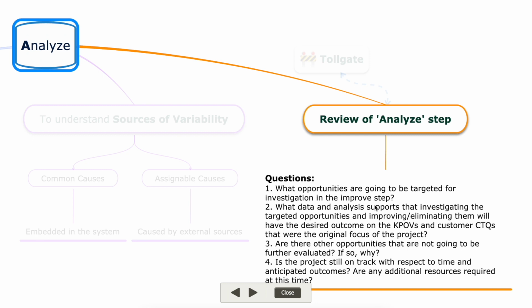The improve step is the step that is after the analyze. What data and analysis supports that investigating the target opportunities, and improving or eliminating them, will have the desired outcome on KPOVs?